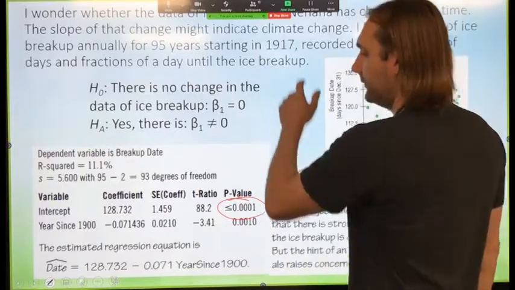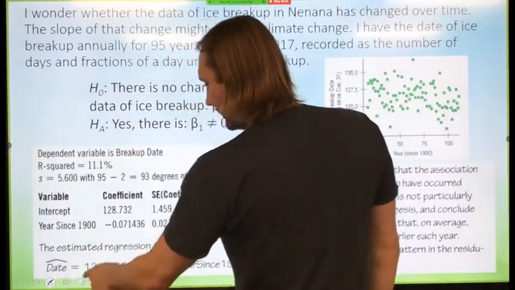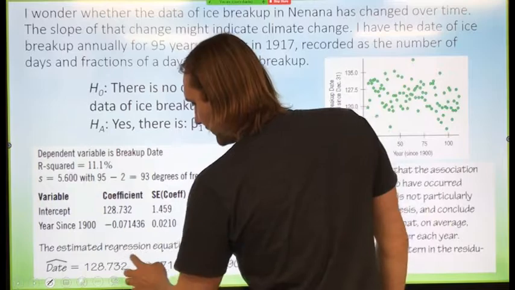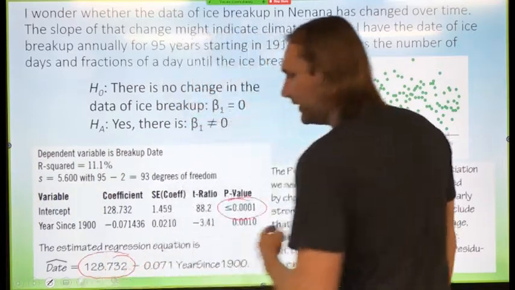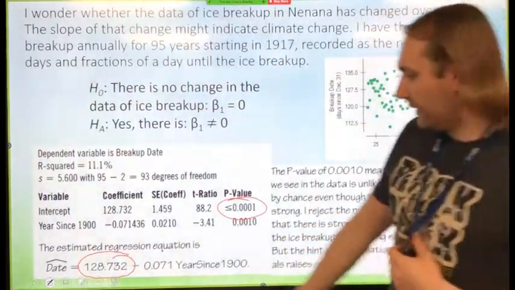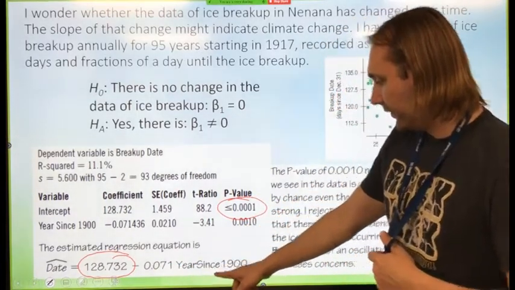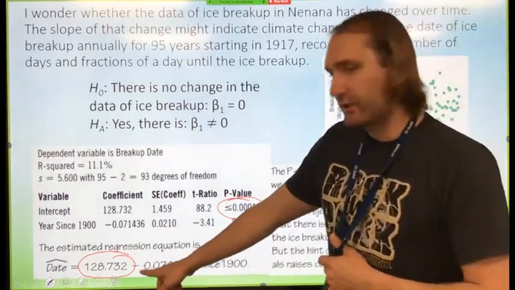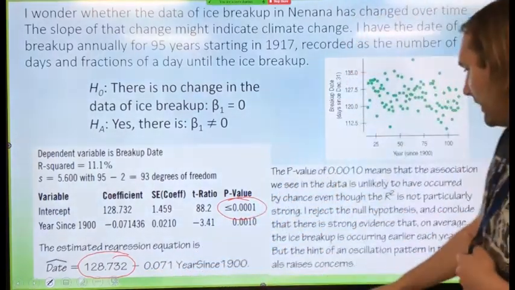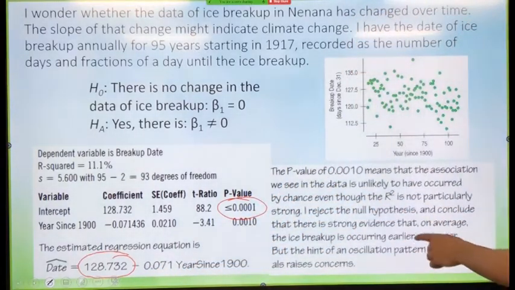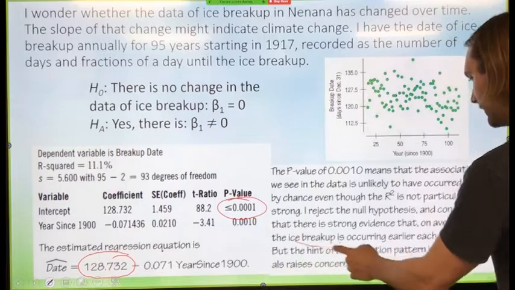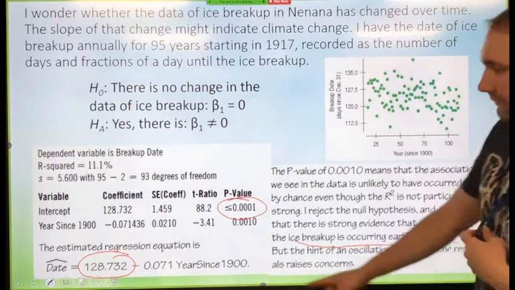where I have my date equals, this first number here represents my 0, because I've been minus 0.071 years since 1990. You see, it's subtracting. So this is where I'm getting this part. It's occurring earlier each year.